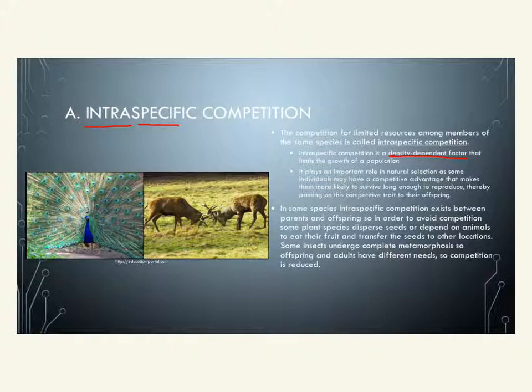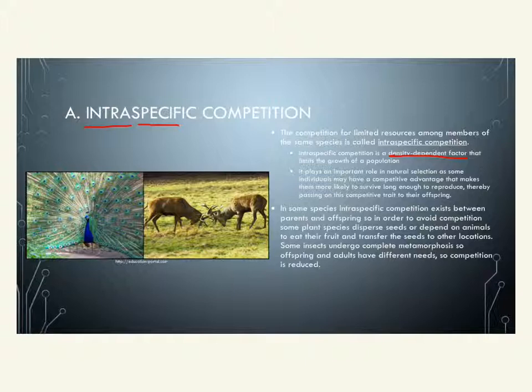So instead of just dropping the seeds right beneath the tree, those seeds would be taken in the wind to land somewhere else, and that way they don't need to compete against their offspring. Other plants depend on animals to eat their fruit, and then the animals would move around and do their business, and those seeds then would be transferred to other locations.